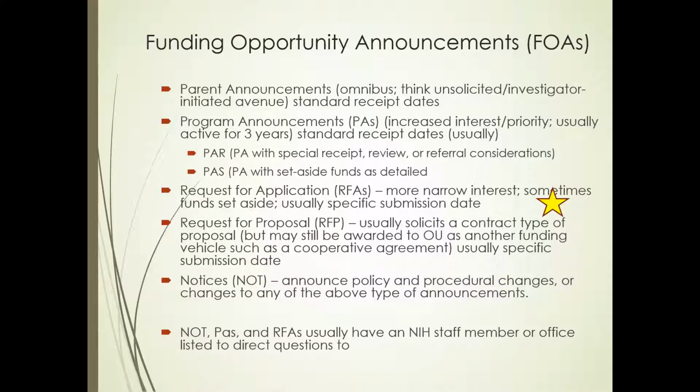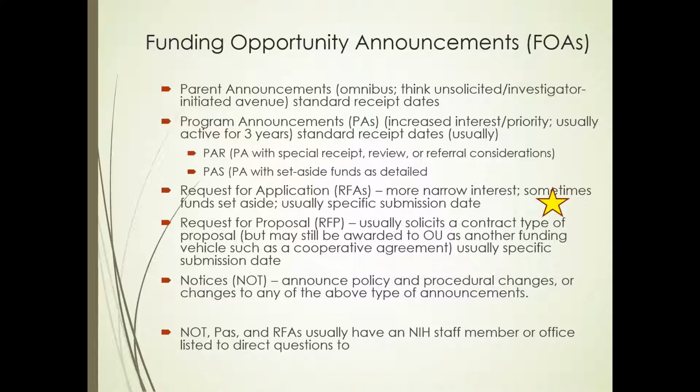They have like the R01, the R03, the R21, and they normally will post them every year to 2 years, and you submit your package to those, and they review them, and then they put them out to the different review panels that they're going to be going to. So there are always parent announcements that are out there. So these are kind of like unsolicited proposals, just open based on the type of work that you want to be doing in your research area.